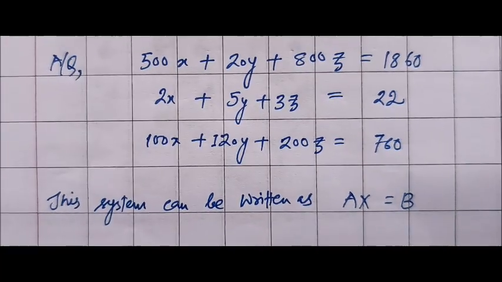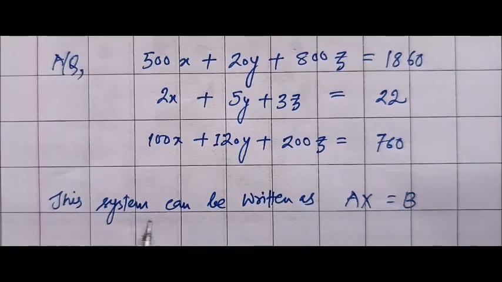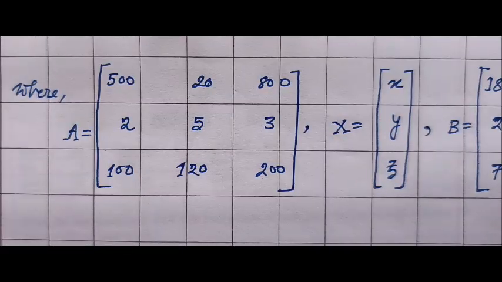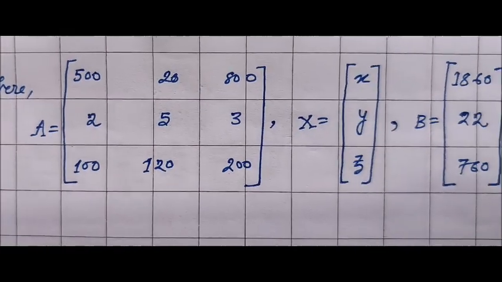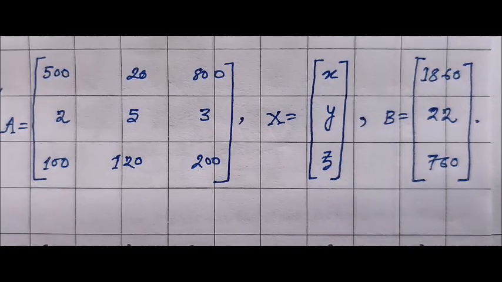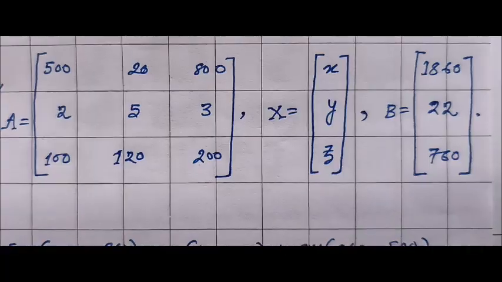Next statement we should write down is this system can be written as AX equal to B, where A is this matrix, X is x, y, z and B is 1860, 22 and 760.